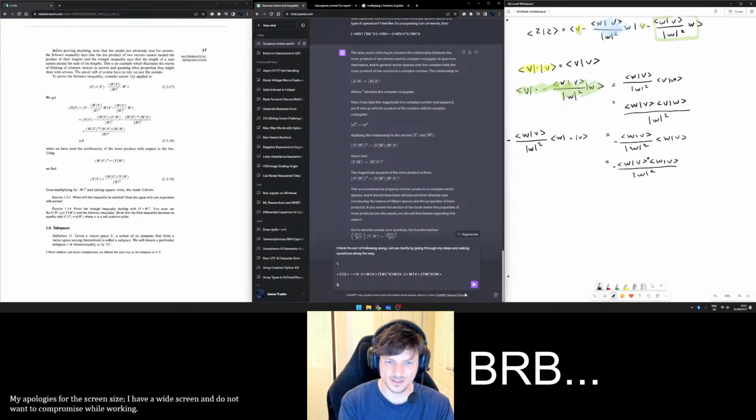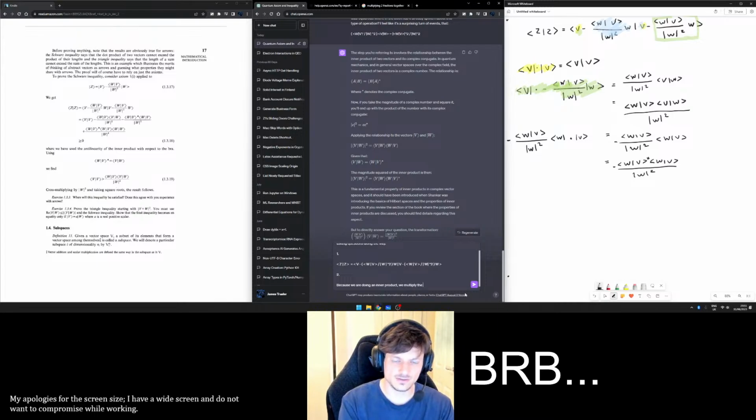2. Because we are doing an inner product, we multiply the two vector sides. We multiply the bra and ket together.